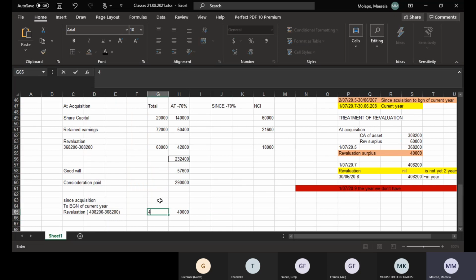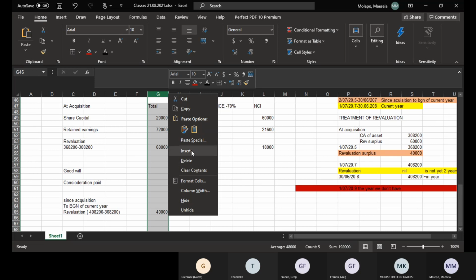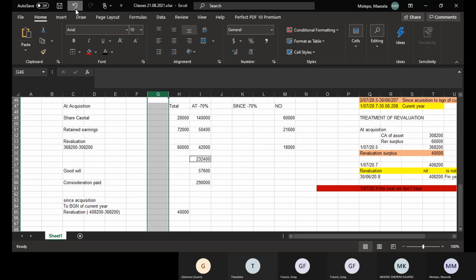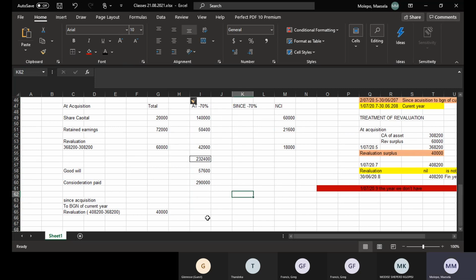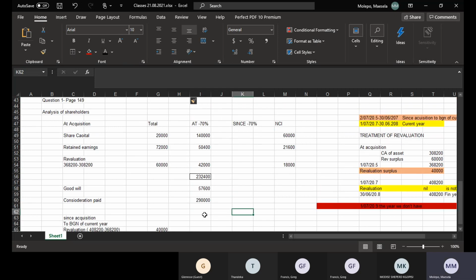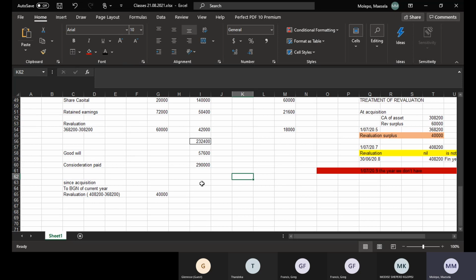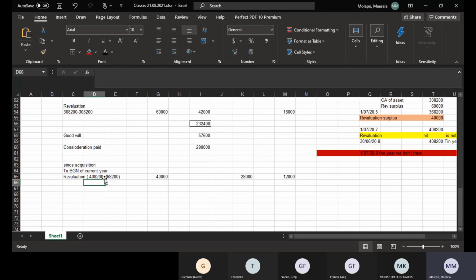This should be 40,000 here, and then here it will be a dash. Then on our since acquisition, we're going to have 70% of our 40,000, which will be 28,000. And then the difference will be the 12,000. Now we are done with this part.